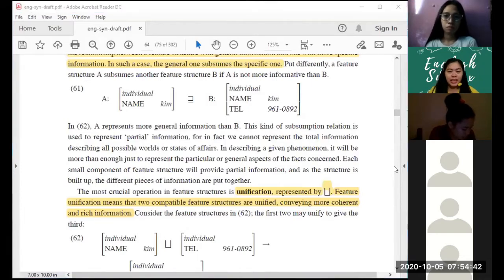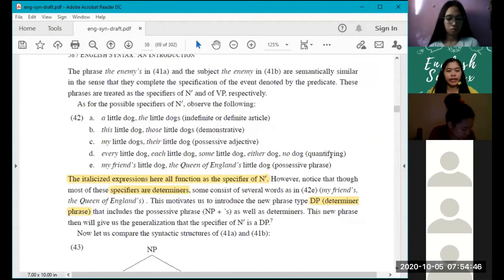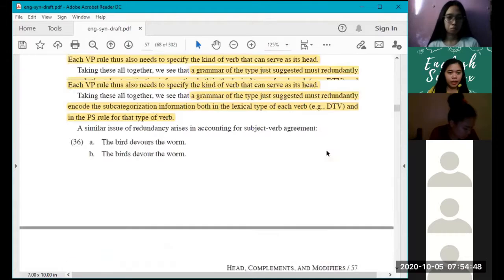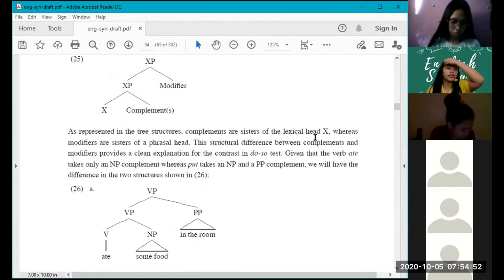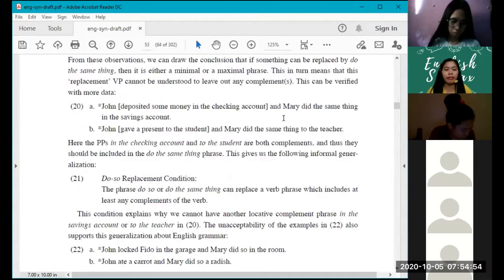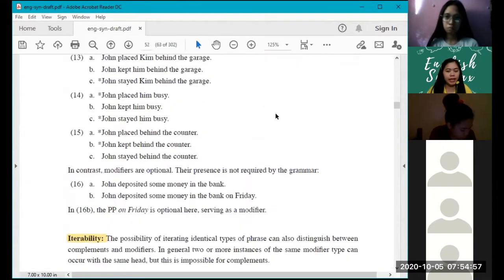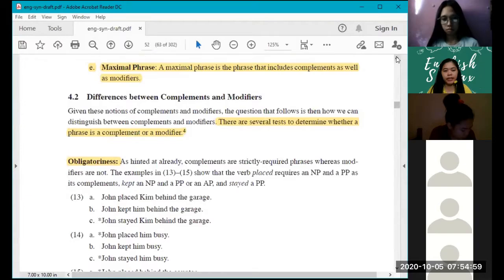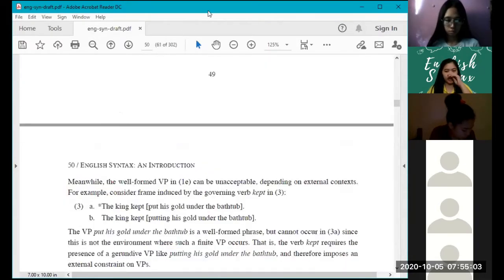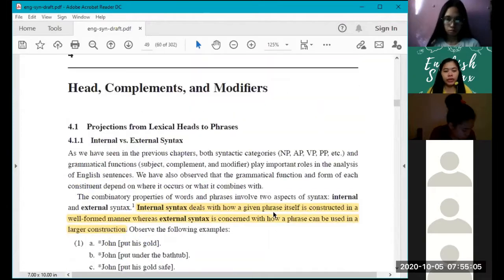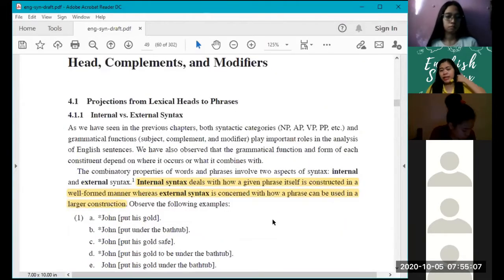Okay, so let's start first with the heads, complements, and modifiers. In the previous chapters, we've learned some of the PS rules, the basic rules of the grammar. Now we have to focus on heads, complements, and modifiers.